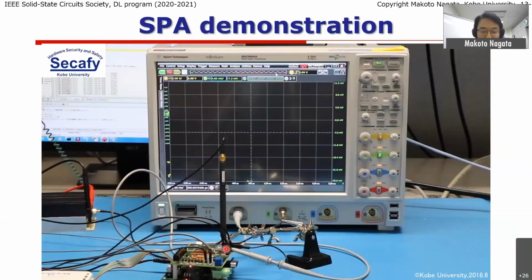The magnetic probe is measuring the EM waves radiated at the position of the power terminal. The output of the magnetic probe is given to the amplifier and then goes to the oscilloscope to capture the wave shape. So now I show you the video here.